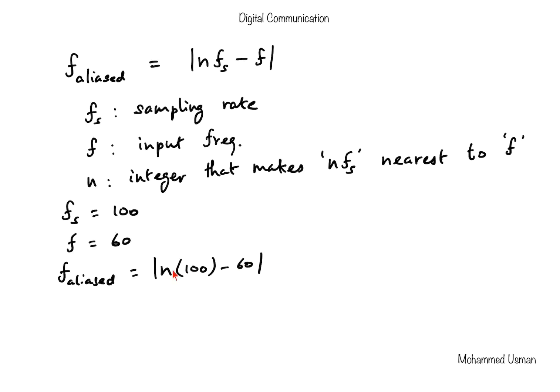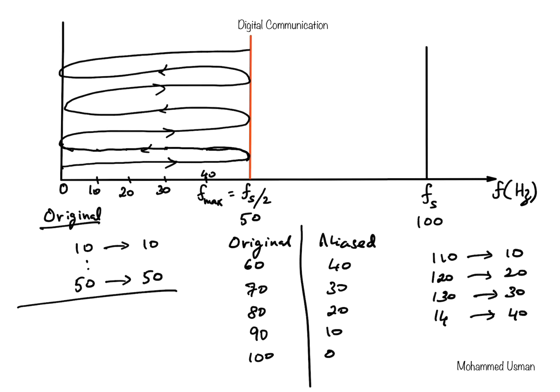If you choose N equal to 2, it will become 200 minus 60. 200 is much farther from 60 than 100. So we need to choose N in such a way that this entire product, N times Fs, becomes nearest to this input frequency F. So we have to choose N equal to 1. So that would make it the magnitude of 100 minus 60, which is equal to 40. And that is exactly what we saw here. 60 got mapped to 40.